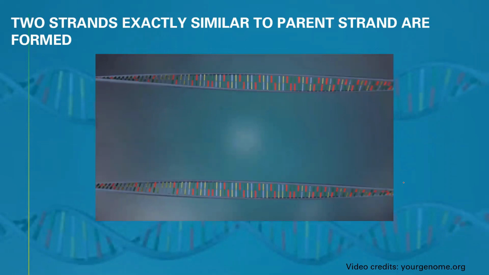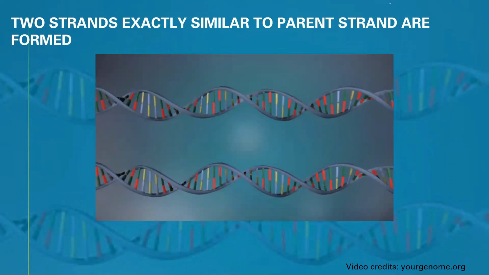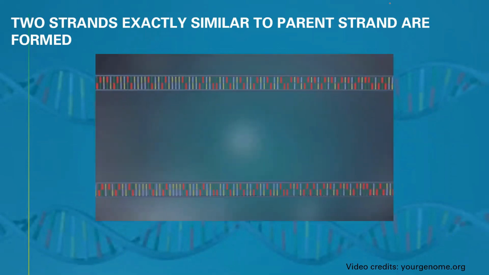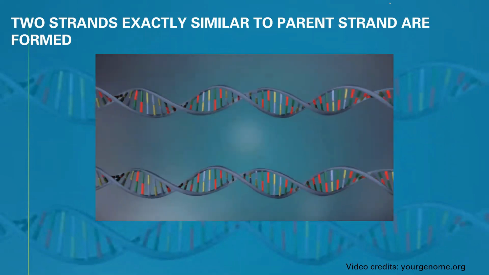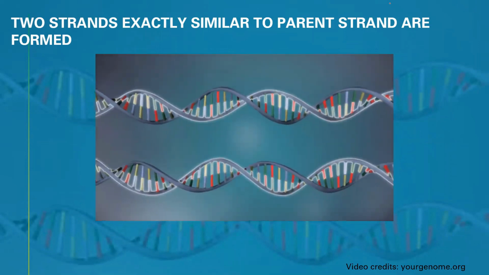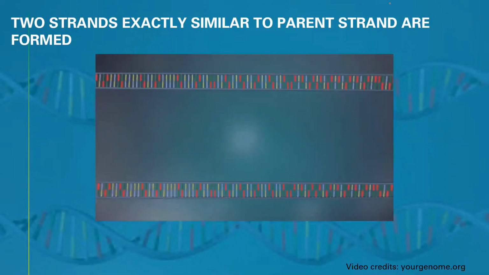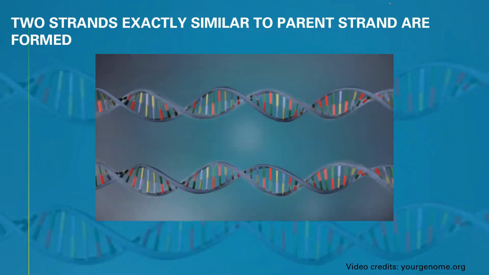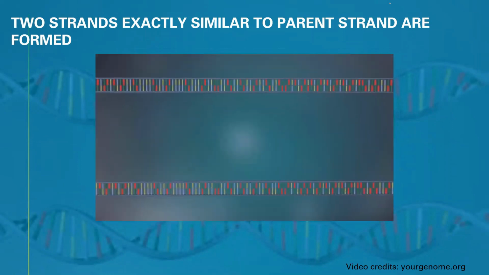In these, one strand is parental and the other strand is newly synthesized. Again, I am repeating, the newly synthesized strand is complementary to the existing strand. It is not a duplicate of the existing strand. The whole DNA is a duplicate, or replica, of the parental DNA.